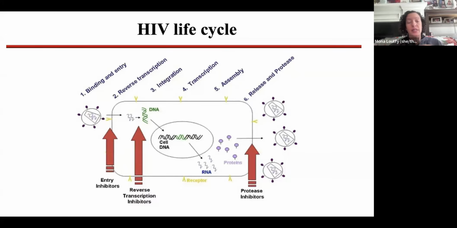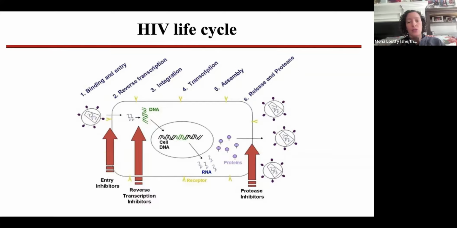The reverse transcriptase converts the RNA to DNA, and that's called proviral DNA. That proviral DNA goes into the nucleus. It gets integrated into the human or host DNA, and then millions of copies are made from that.